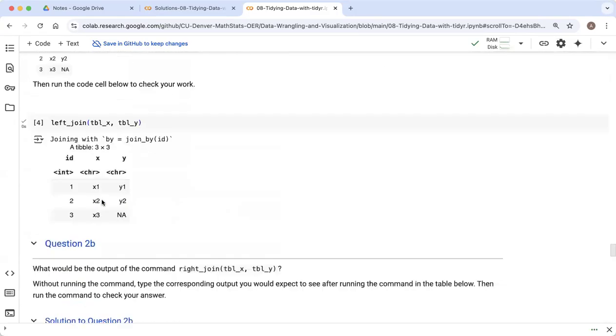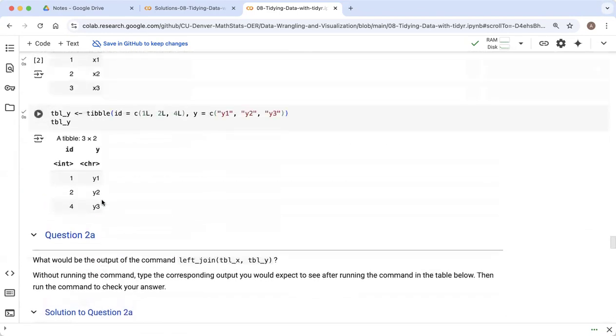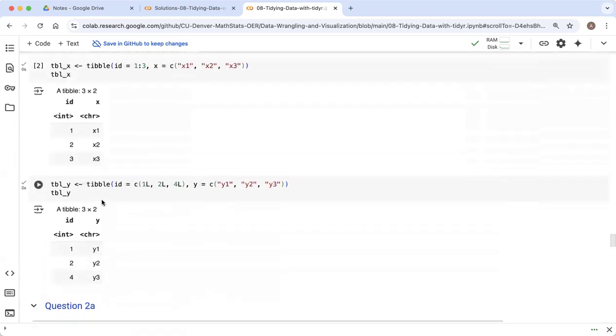So in this case, what that means is we've got these two data frames, and it's only going to keep the rows that have a matching ID value in both data frames. So ID 1, that exists in both of these data frames, so it's going to keep that row. ID 2 exists in both of these data frames.